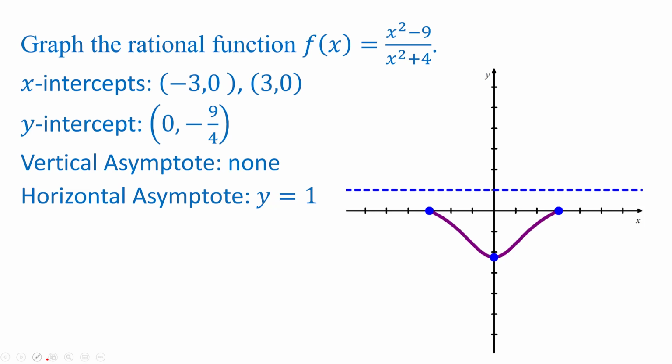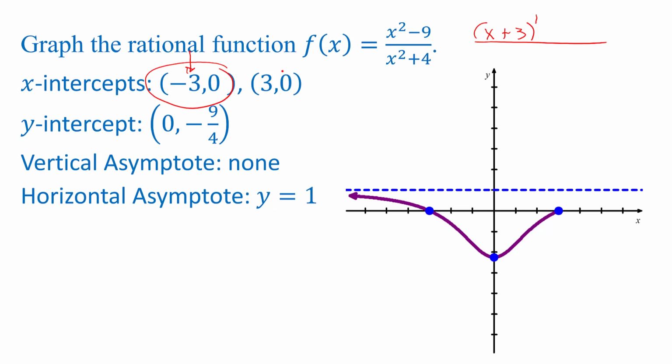y-intercept. And then what's happening to the left of x equals negative 3? Well, if we look at (negative 3, 0), the negative 3 here came from the factor of x plus 3 in the numerator, which is raised to a power of 1. Thus, the graph is going to cross the x-axis at (negative 3, 0).